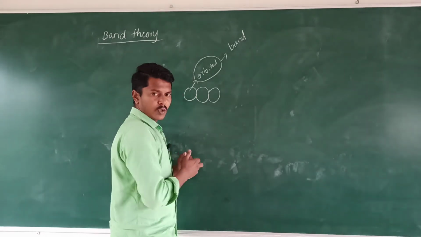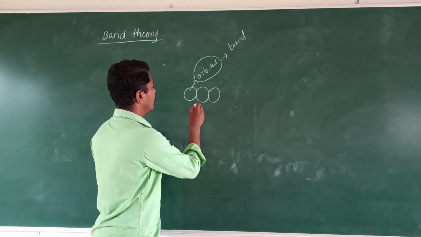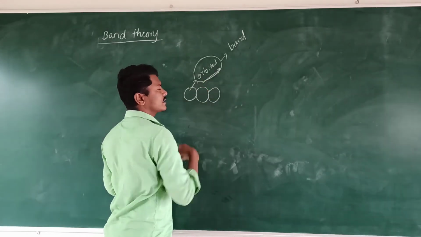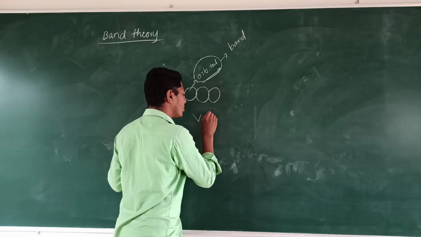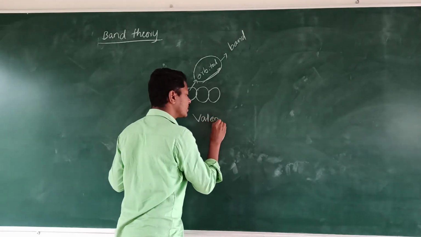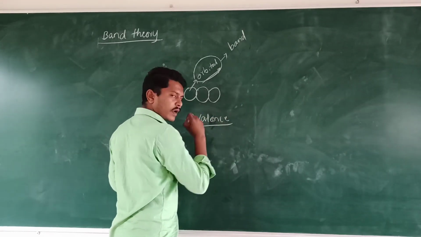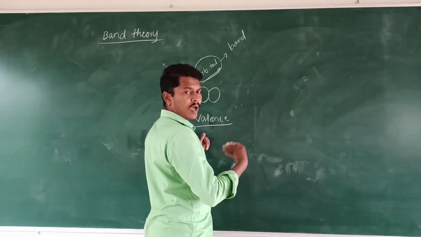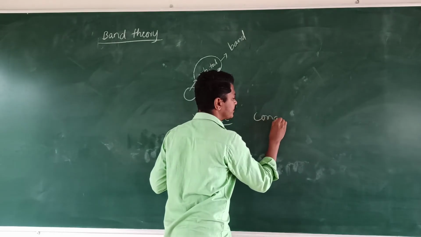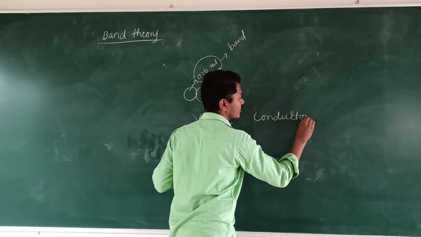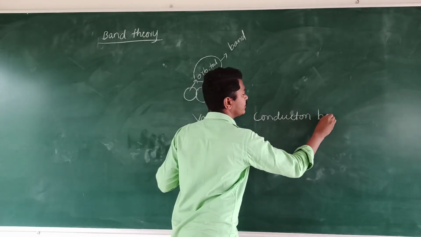Similarly, the bonding molecular orbitals, the one with lower energy, are called the valence band. What is it called? Valence band. The one with higher energy is called the conduction band.